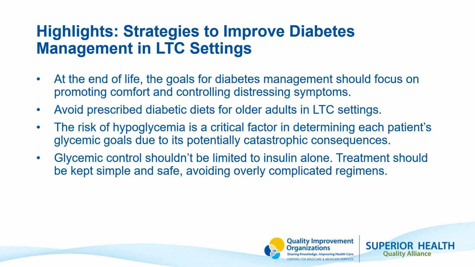We want to avoid the risk of hypoglycemia because it can have catastrophic consequences on the elderly population. Glycemic control shouldn't be limited to just insulin. We just need to be careful and avoid those complicated medication regimens.